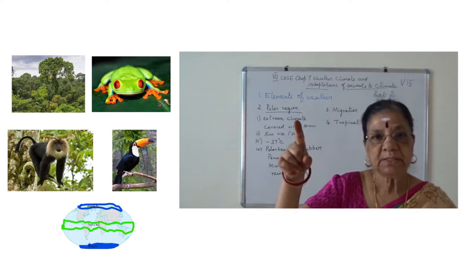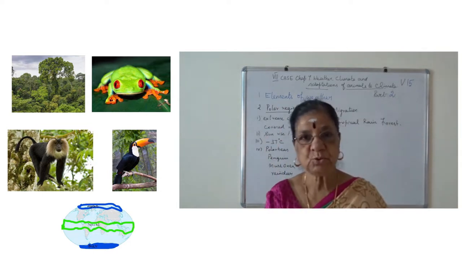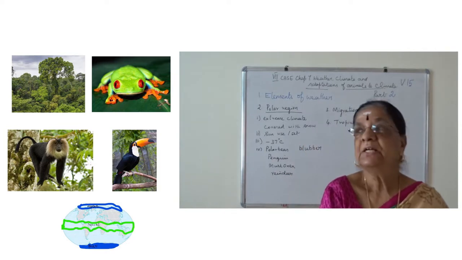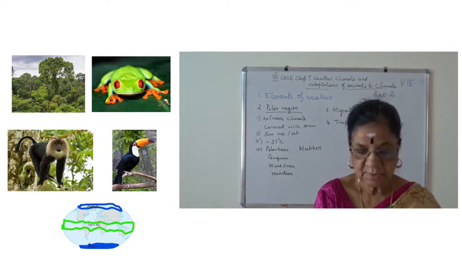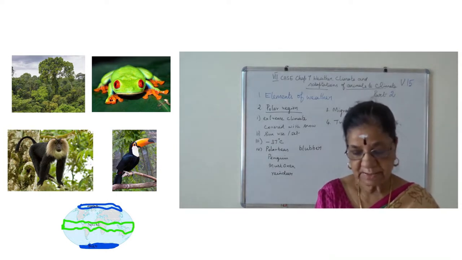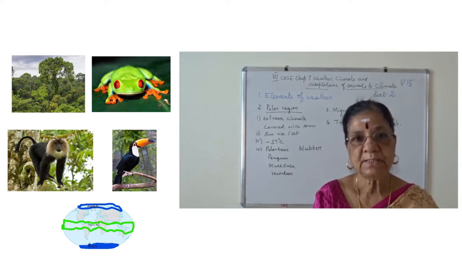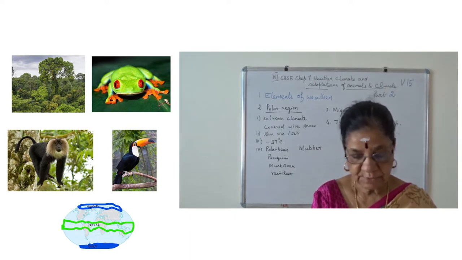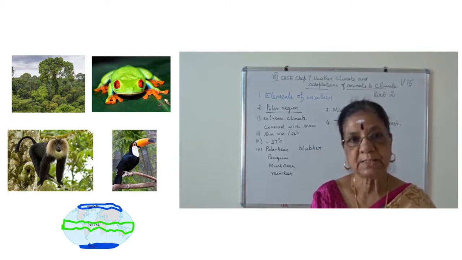Our Kalakkad hills and Tirunelveli Pothigai hills are all Western Ghats. Also in Assam in India, South Asia, Central America and Central Africa. These regions have tropical rainforest. Because of continuous warmth and rain, this region supports a wide variety of plants and animals.